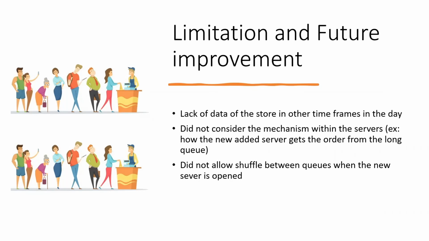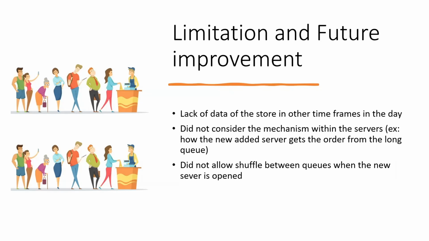And the second limitation is that we did not consider the mechanism within the server. For example, how the newly added server gets the order from the long queue. Here we assume that the newly added server will take the last customer in the long queue in front of the first server.